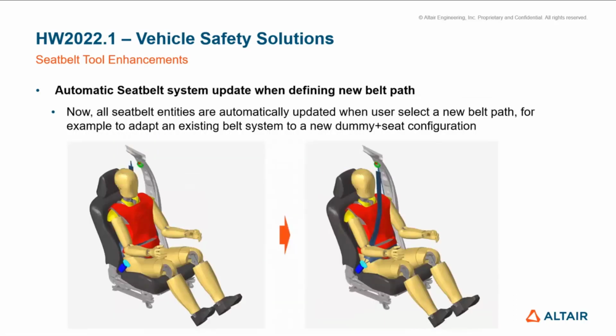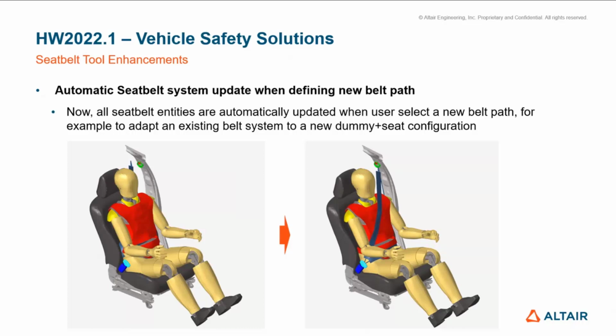And another one, which is also, I would say, a usual workflow for many users. Let's say you have a seatbelt system already created and you have a new seat and dummy configuration, or a new seat or a new dummy type, and you just want to import or readapt your existing seatbelt system to the new seat and dummy configuration.